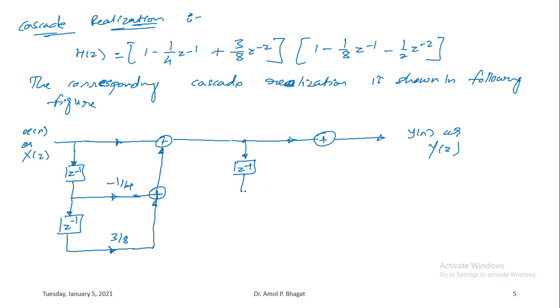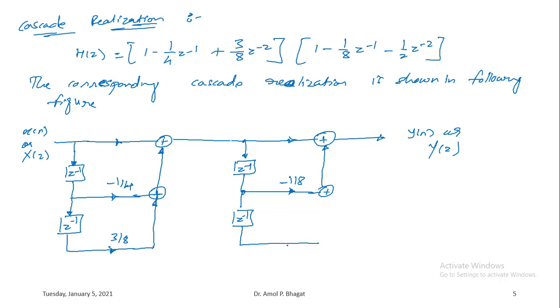Then again a constant multiplier multiplying minus 1 by 8, this will be added here, then it goes into the system, then again a delay element will be needed.